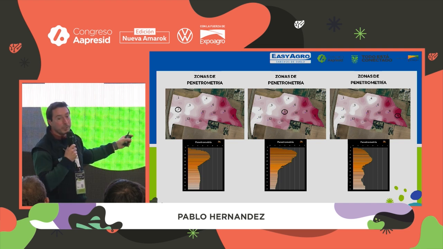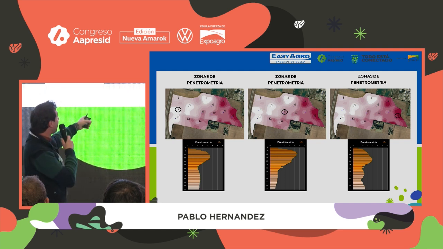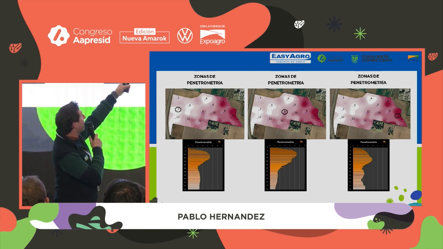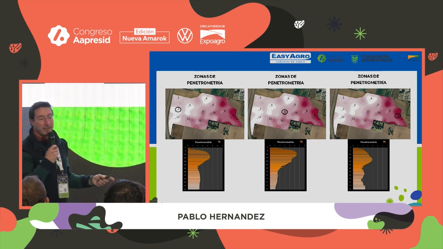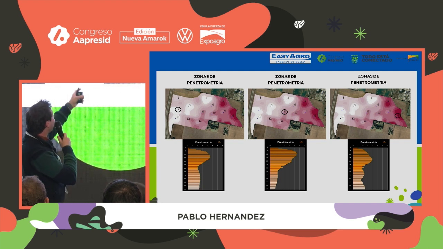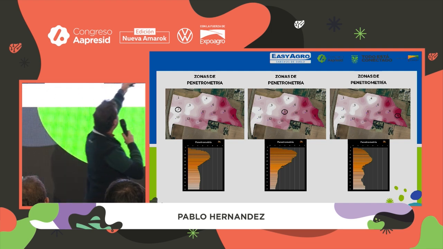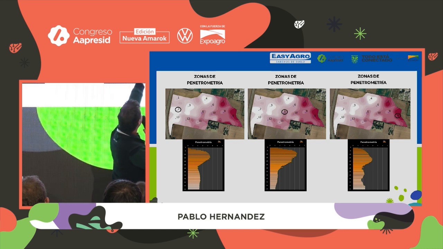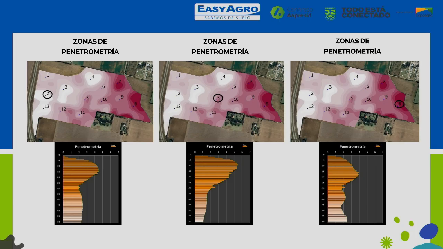We can be shown the depth at which we measured the resistance of the soil from 0 to 60 centimeters, and then the resistance of the soil in megapascals, where it shows us that we have a resistance of over 5 megapascals up until 25 centimeters. And once the penetrometer goes through this layer of resistance, the resistance of the soil completely changes.